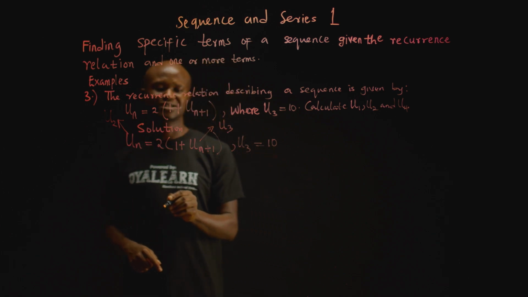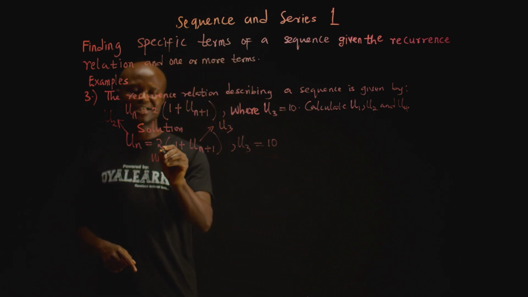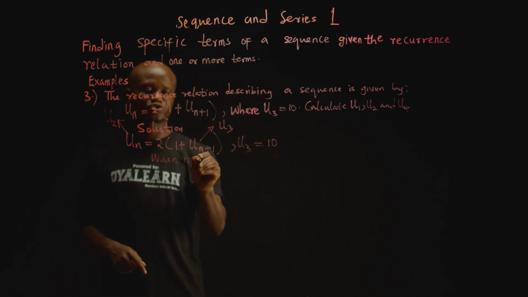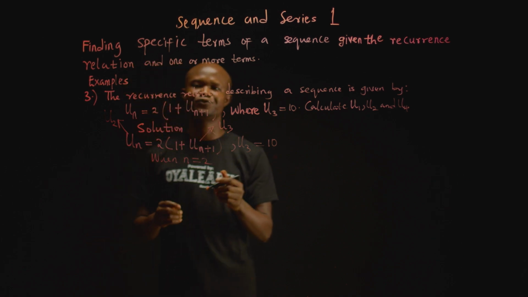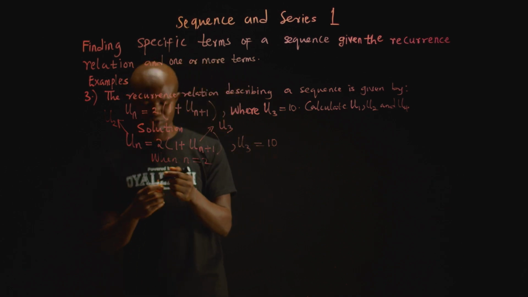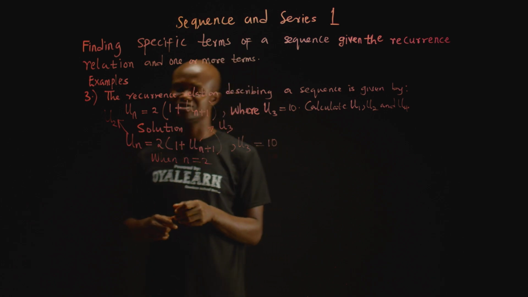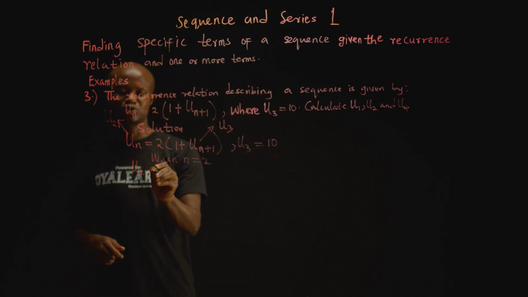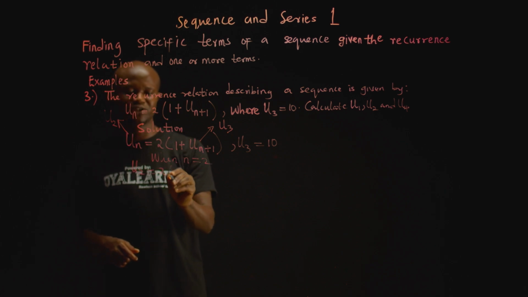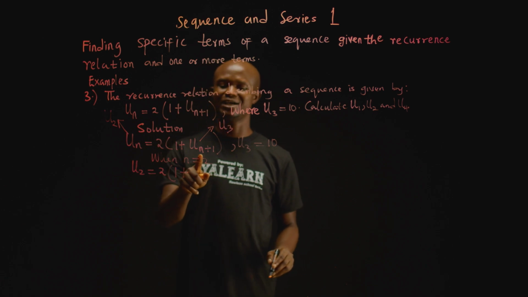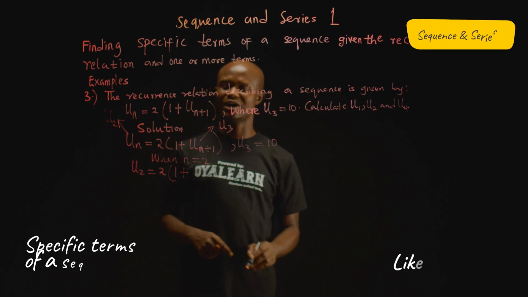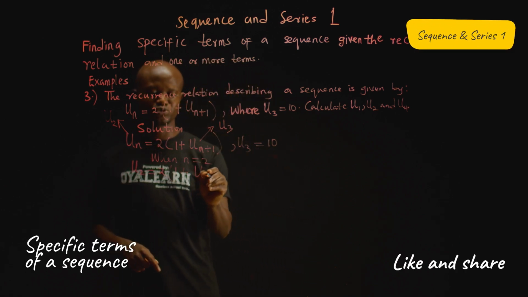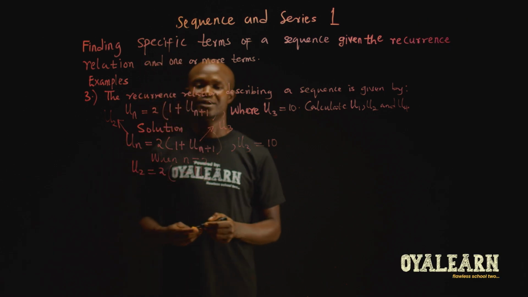So let's substitute. When n equals 2, what will be the effect on the recurrence relation? It means that u_2 equals 2 into 1 plus, anywhere we see n, we put 2. 2 plus 1 is 3, so this is going to be u_3.